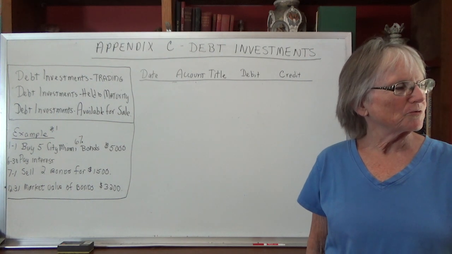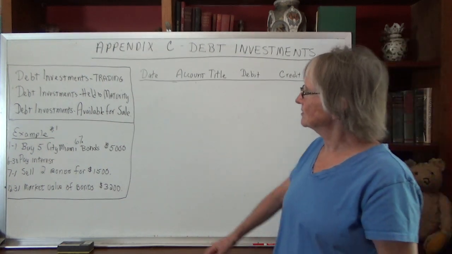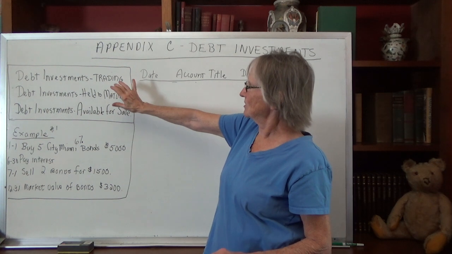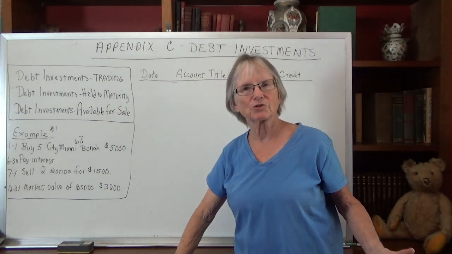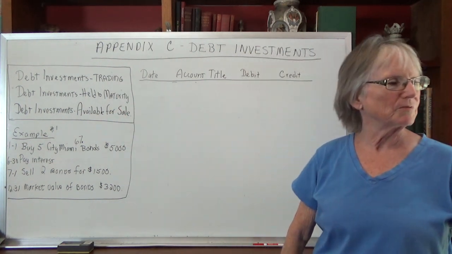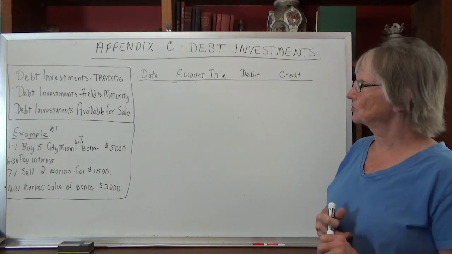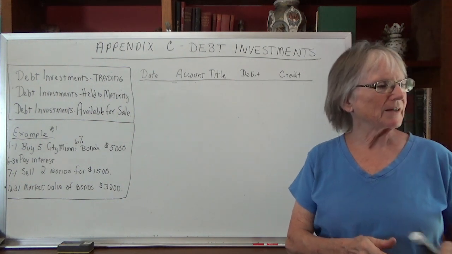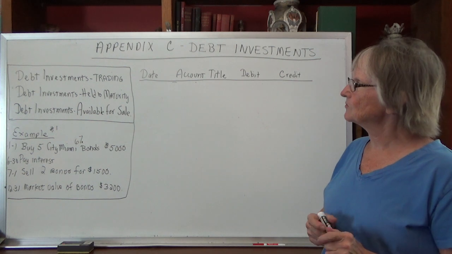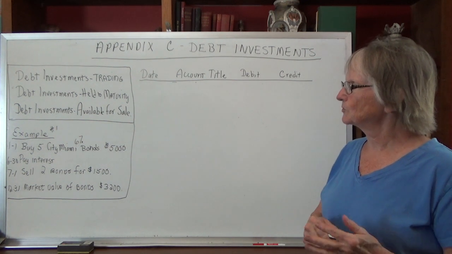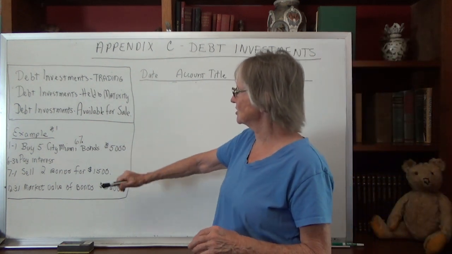Okay, so let's move to the trading. If we've bought these debt investments and we're planning to sell them in the near term, these we would classify as trading securities. We'll do the accounting for them first, and I'll use this example here.